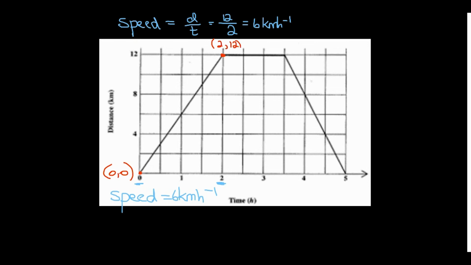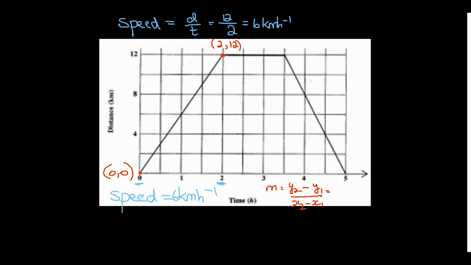Alright, and you can calculate the gradient of that particular region of the graph just like you would calculate the gradient of a line. Alright, so m is y2 minus y1 over x2 minus x1, and you will be able to get the same answer.